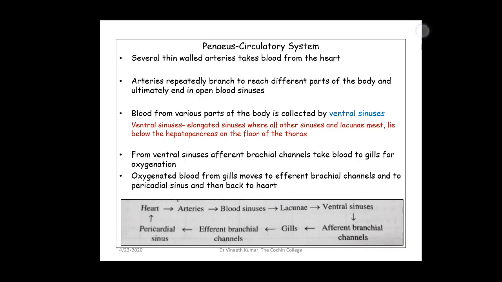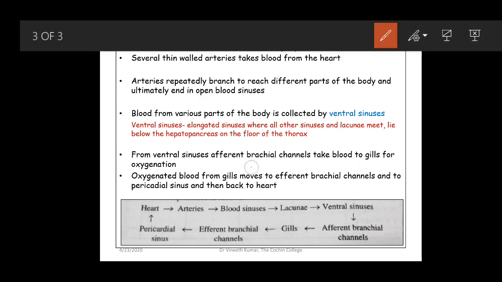So here we came across something called branchial channels, afferent branchial channels as well as efferent branchial channels. We do not refer to these channels as veins, because these particular branchial channels are not tubular with walls. They are tube-like lacunae which do not have a particular wall. They are wall-less structures. They are just tubular lacunae. Normal lacunae, which we talked about earlier, are just spaces.